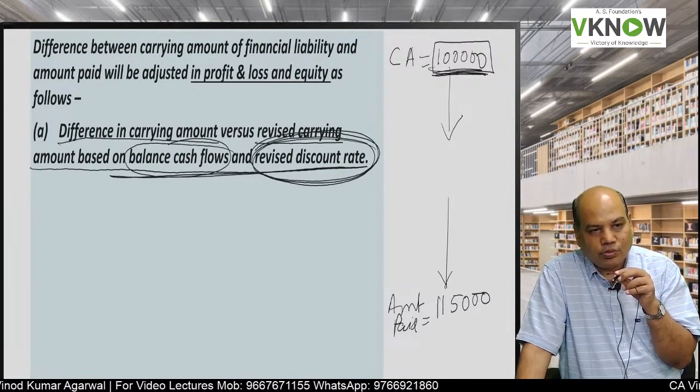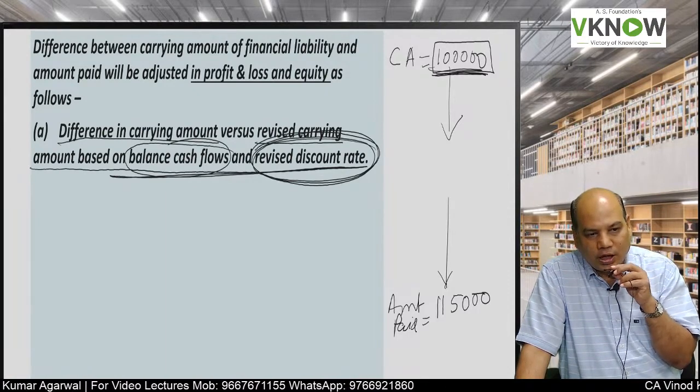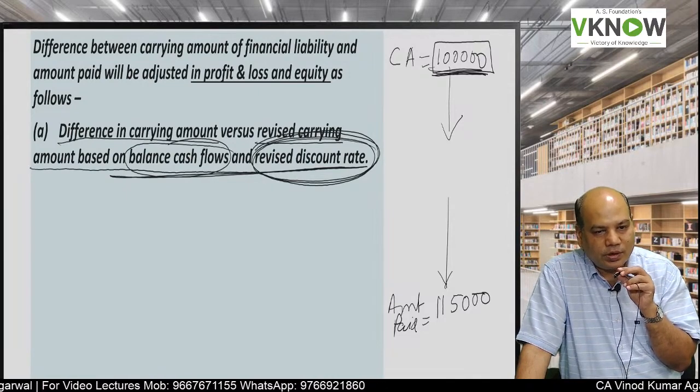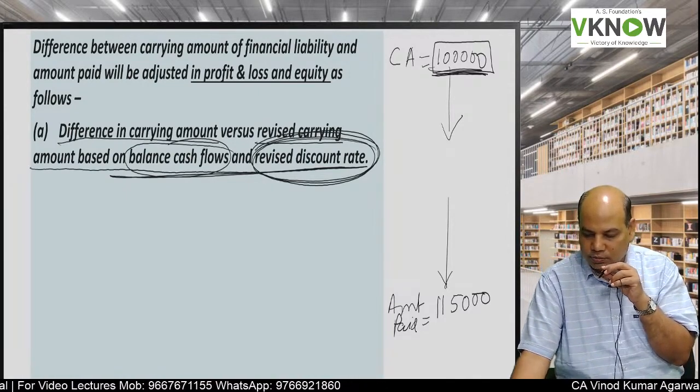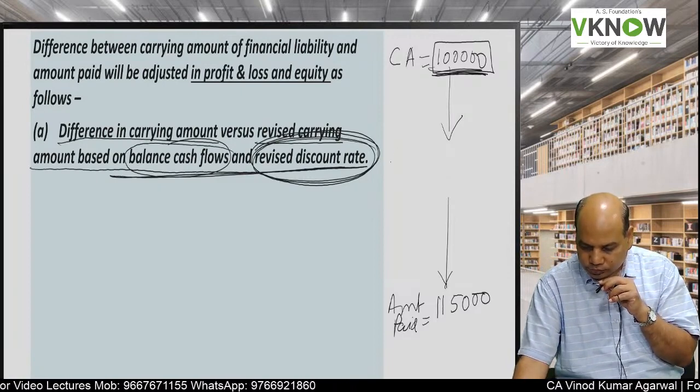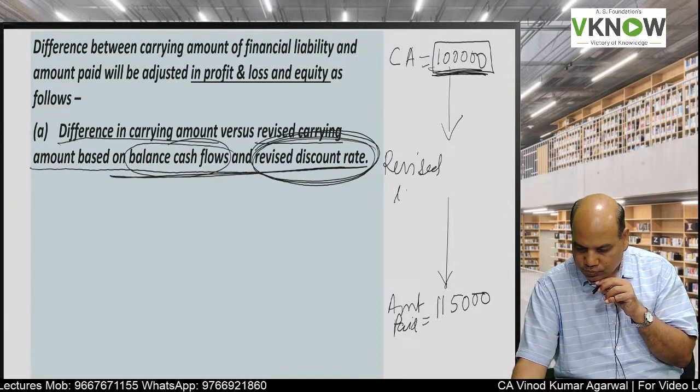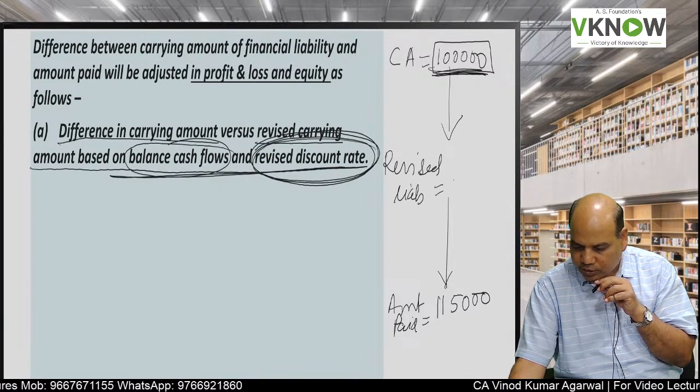Suppose this revised liability comes to 1,05,000.